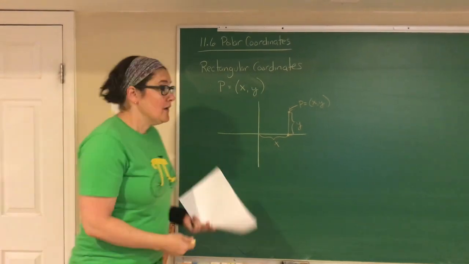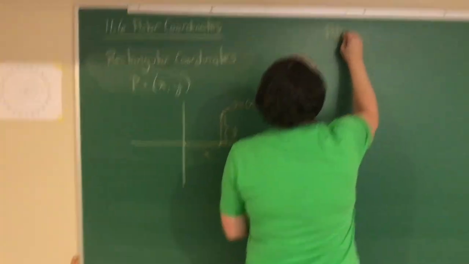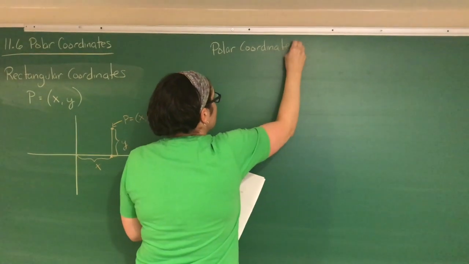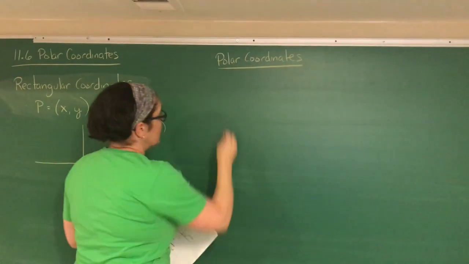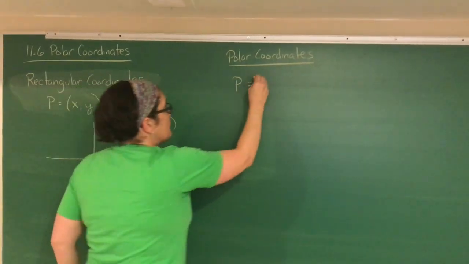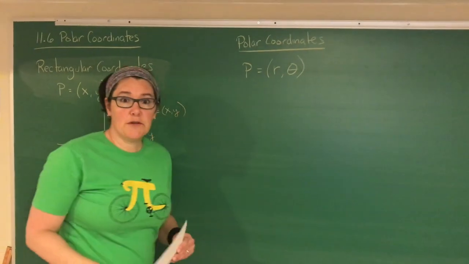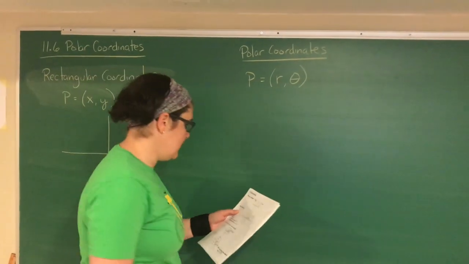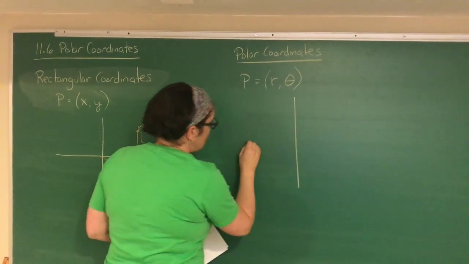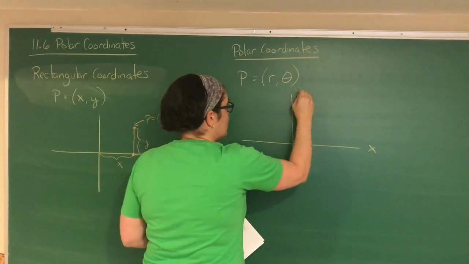Okay, so let's talk about polar coordinates now. With polar coordinates, when we have a point P, we describe the point P with an ordered pair where the first coordinate is r and the second coordinate is theta. And the way that we plot this point is we still plot this point in the xy plane. Here's x and here's y.